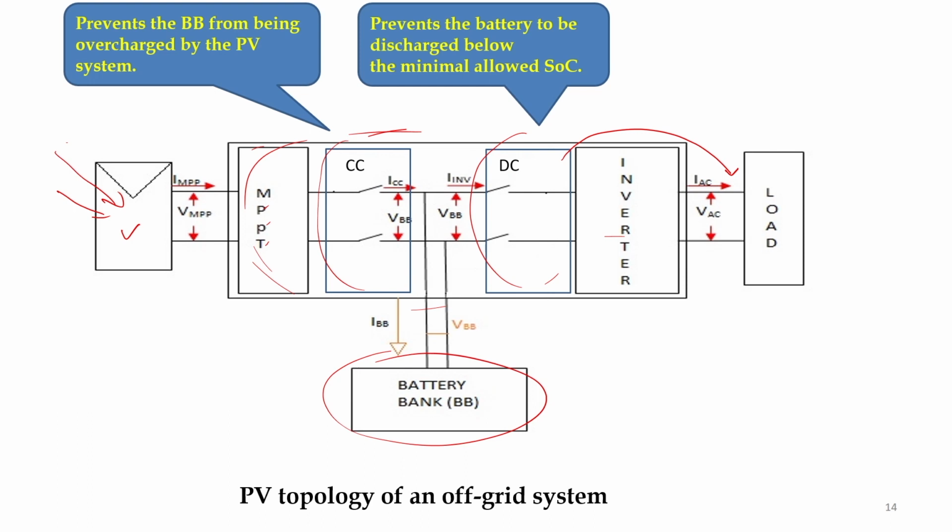That means both the CC and DC control the life of the batteries, right. And now we will discuss the derivation of voltage of the batteries as a function of PV system parameters. Then we will go for energy balance to design the off-grid solar PV system.